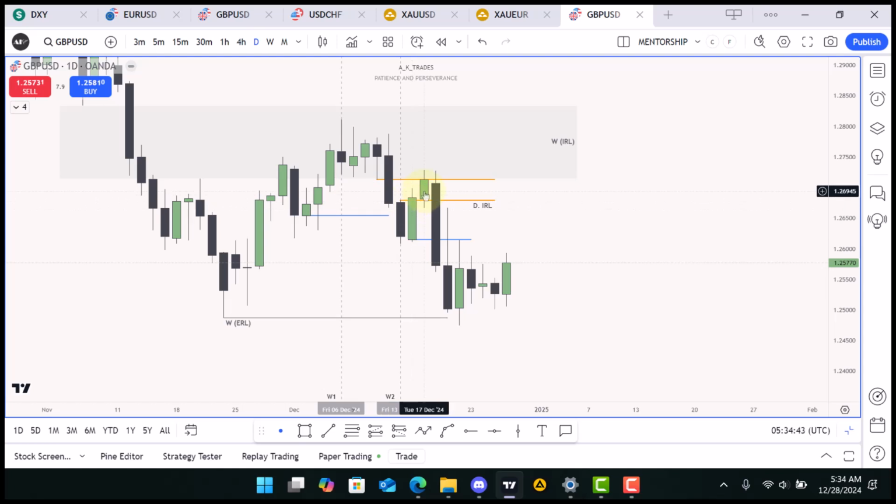And look at what Tuesday also did. Tuesday raided Monday's high into the weekly internal range liquidity, and then Wednesday dropped lower. So I'll be trading this candle, this candle, and then this candle to our external range liquidity.